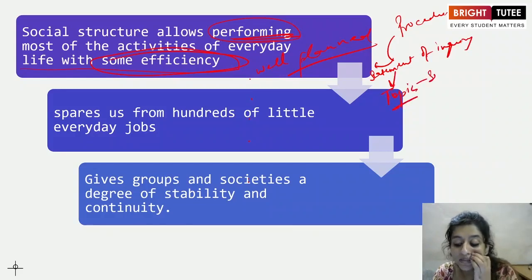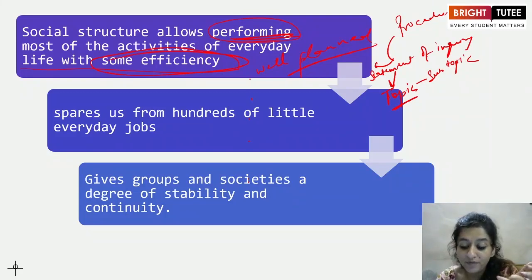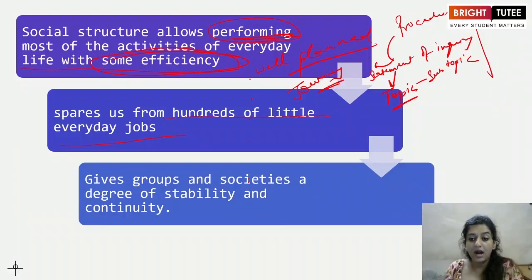So you have a fixed path in your mind. When you have the fixed path in your mind, obviously your journey becomes easier, and that is what the social structure does for us. Obviously, it spares us from hundreds of little everyday jobs because you have people helping you here and there with things.